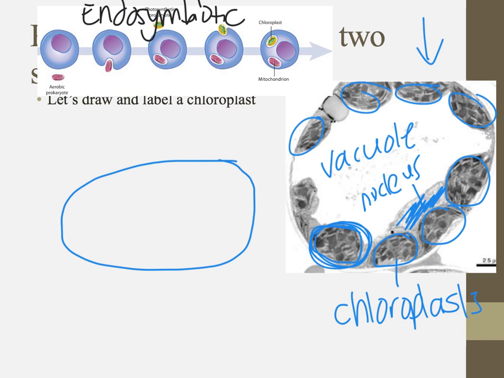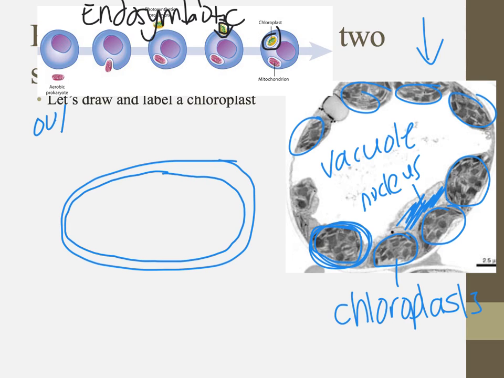These already had their own membrane, but when they got engulfed, that added another membrane. So our chloroplasts actually have two membranes, an inner and an outer membrane.